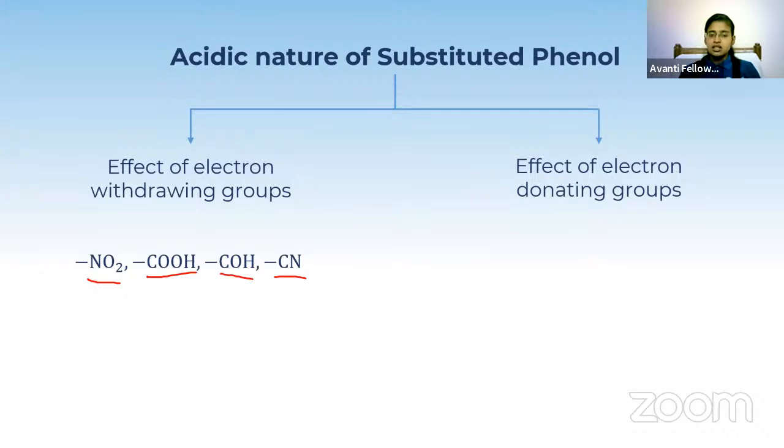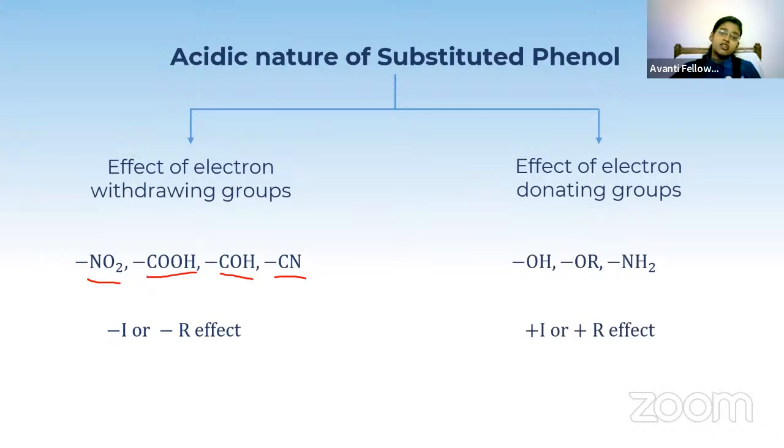All these are electron withdrawing groups: nitro group, acid, aldehyde, cyano. They show negative inductive or negative resonance effect. And electron donating groups are OH, OR, NH2 kind of groups, and they show positive inductive or positive resonance effect.